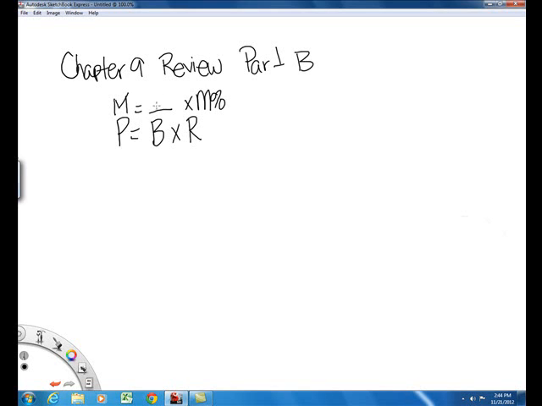And when I say we're going to vary our base, it means that in the beginning they're going to tell us whether our base is going to be cost or whether our base is going to be selling price. For instance, in Part B, it tells you complete the following using markup based on cost. So that based on cost told you that in all of those in Part B, our B will be cost.